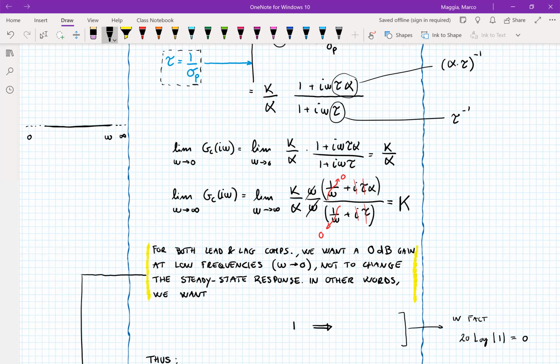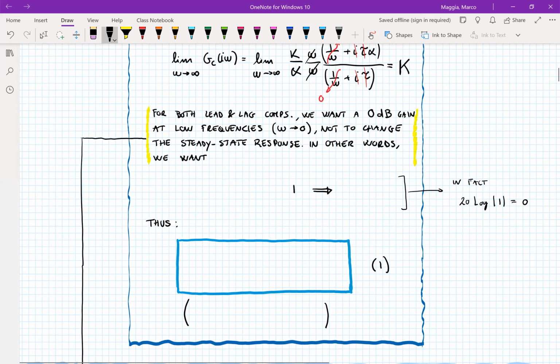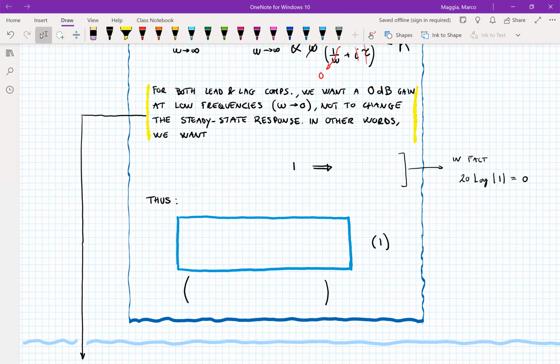Now, one thing that we want when we design a lead or lag compensator in the frequency response domain is to not change the steady state response. So we do not want the transfer function to modify the steady state response. The steady state response is associated with what happens at low frequencies, so for omega that tends to 0.